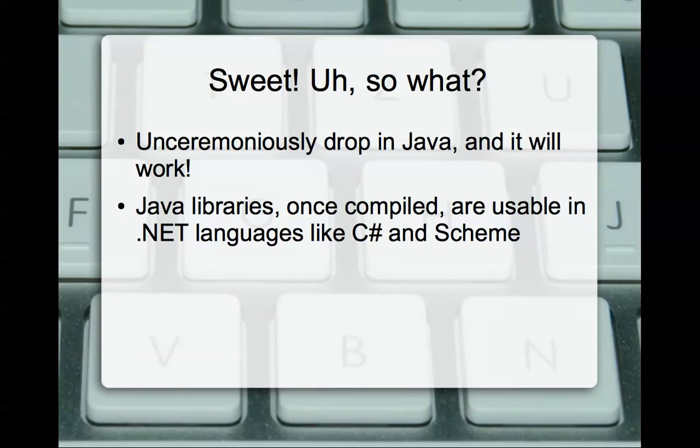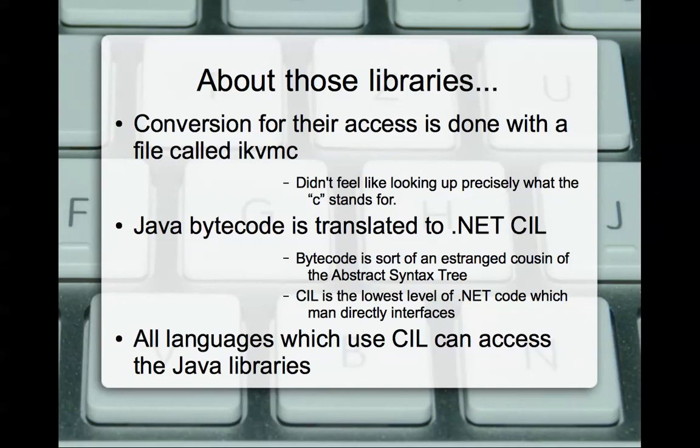And Java libraries, once they're compiled, they're usable in other .NET languages like C# and I think even Scheme. Those libraries, it's a bit more complicated in how they're able to be accessed, because IKVM is more than just sort of an interpreter.